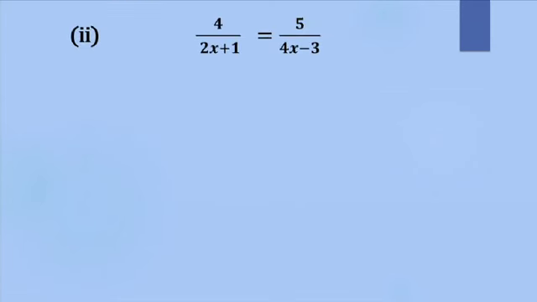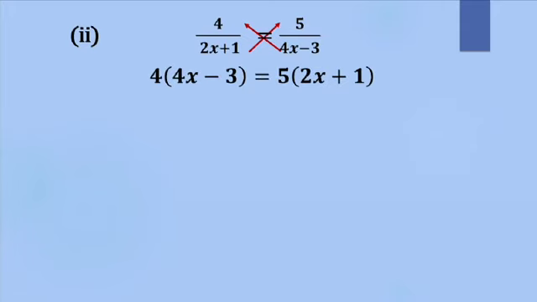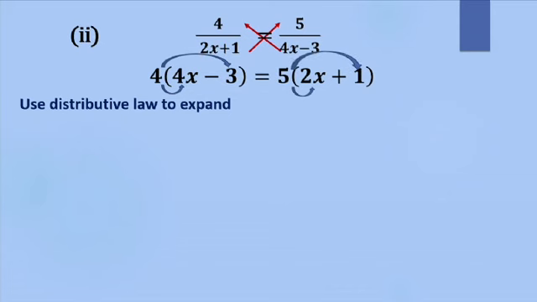Second part, so again I will cross multiply. I will have 4 into 4x minus 3 equal to 5 into 2x plus 1. We use the distributive law to expand the brackets, and we get 16x minus 12 equal to 10x plus 5.